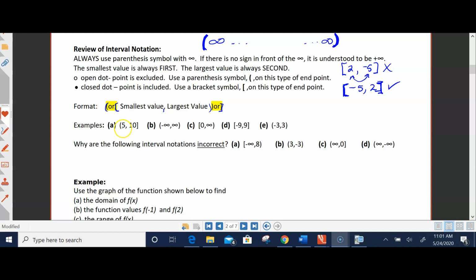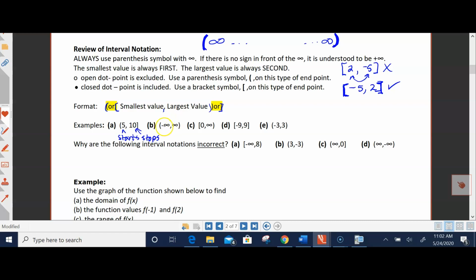This example A, 5, 10. There's a parenthesis on the 5 and a bracket on the 10. That means this set of values starts at 5, but it doesn't include the 5. Then it stops at 10, and it does include the 10.